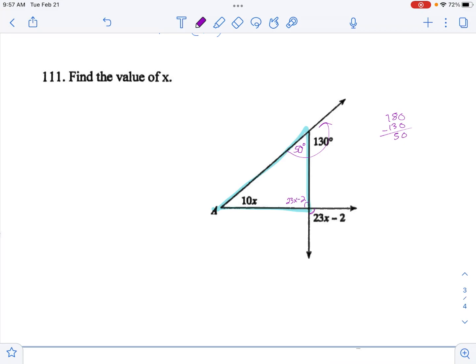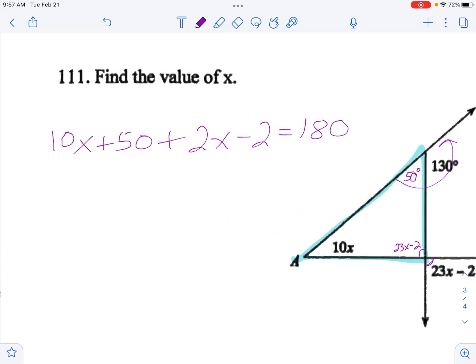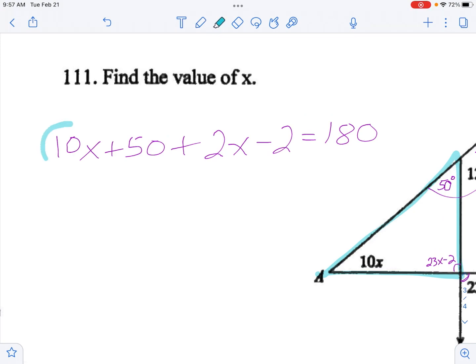So I'm going to write an equation for that. So 10x plus 50 plus 2x minus 2 should equal 180 degrees. So now I'm going to go ahead and solve that. So I'm going to combine my like terms.